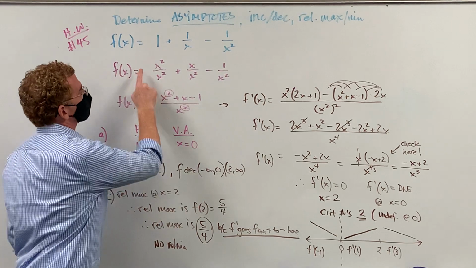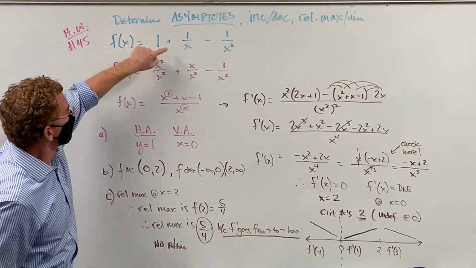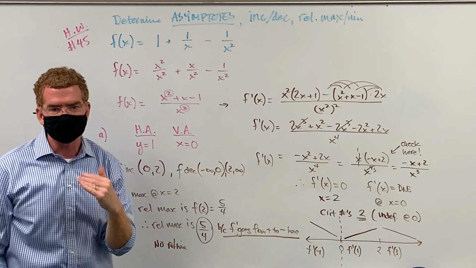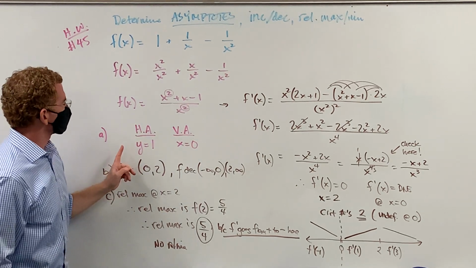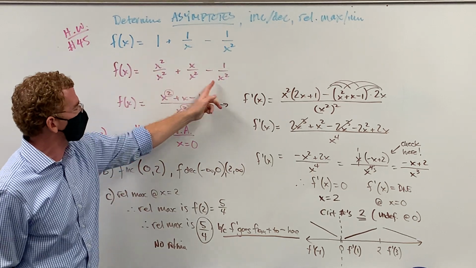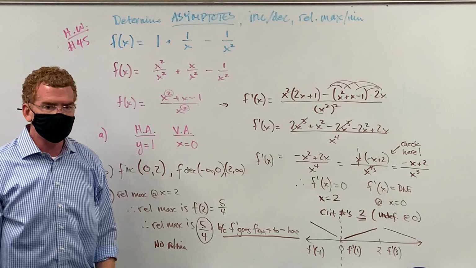So technically I could have taken the limit, and if I had done that, I would have gotten 1 plus 1 over 0 minus 1 over 0 if I go to infinity or negative infinity, and that doesn't really make a lot of sense. However, that's why when I'm doing limits, sometimes I find the common denominator so that I can use some of those rules from pre-cal. Are y'all with me?